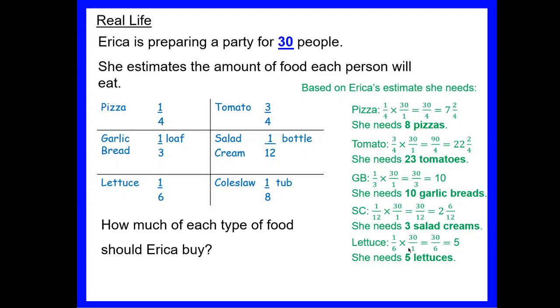For lettuce, 1/6 times 30, so 30 over 6. 6 fits into 30 5 whole times, so she can buy 5 whole lettuces. And finally, the coleslaw, 1/8 of a tub each, so 1/8 of 30 is 30 over 8. 8 goes into 30 3 whole times, with 6 remaining back over the 8. So again, we round up, and she'll need 4 tubs of coleslaw.